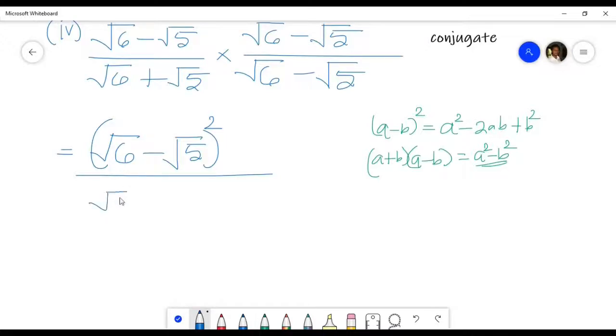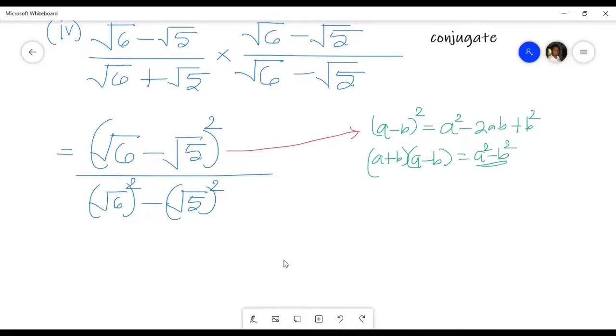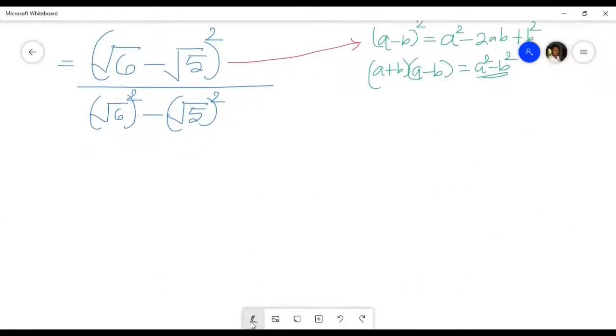Root 6 resembles a, which will be root 6 whole square, and root 5 resembles b, which will be root 5 whole square. Now you can see the numerator is in the form of a minus b whole square, and the denominator is in the form of a square minus b square. So let us simplify it more further.